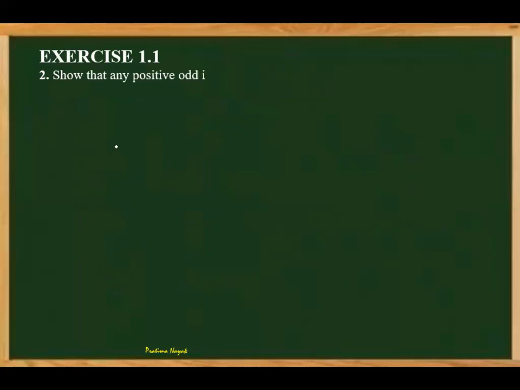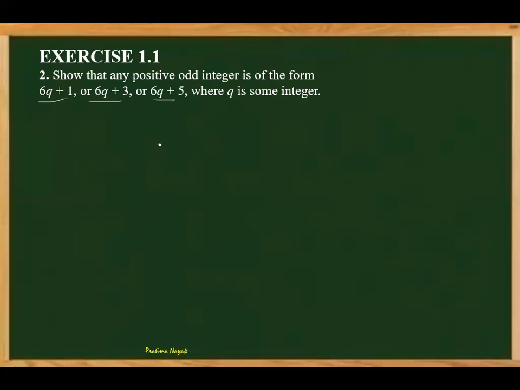Show that any positive odd integer is of the form 6q plus 1, 6q plus 3, 6q plus 5, where q is some integer. These three will be the odd ones. About odd and even integers, Euclid gave the idea: if any integer is a multiple of 2, then it is an even number.